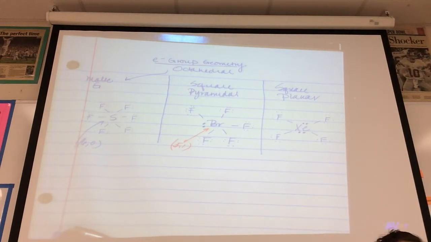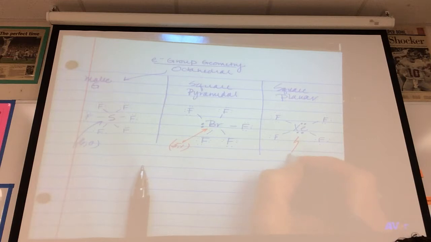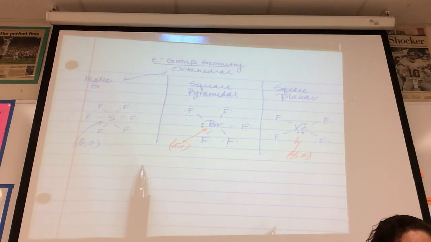Are they top and bottom? Yeah, you'll see why. But again, they all have 6 electron groups. Let's take a look at some of these images.